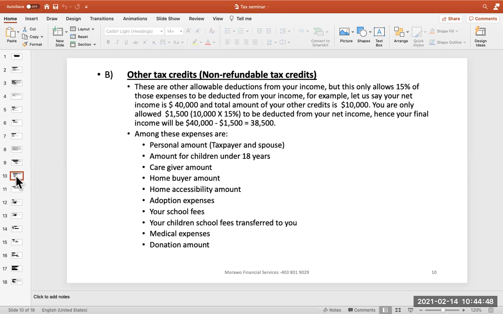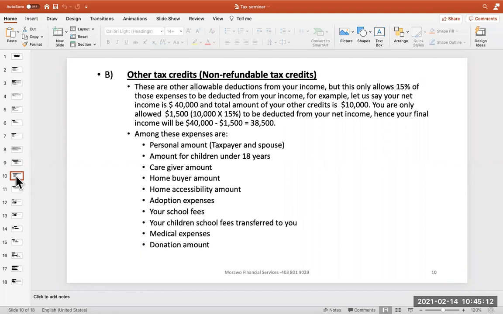Then home accessibility amount. This is the money you spend on helping somebody to access your home. Or let's say, for example, you have a child that is disabled and you want to make your home accessible easily for him or her. You spend some money, and we say thank you for helping him or her.